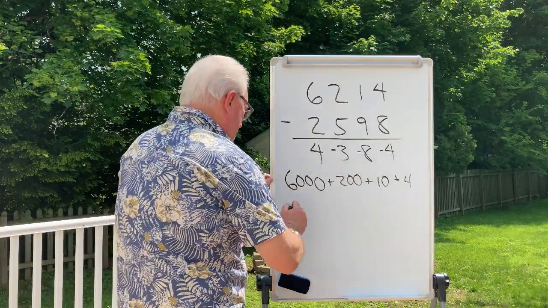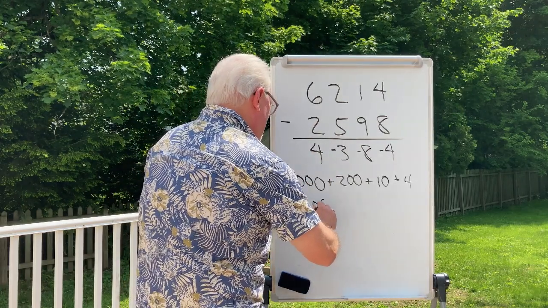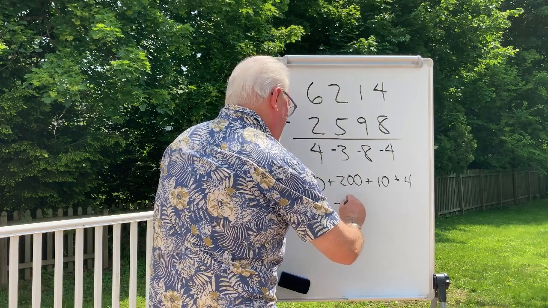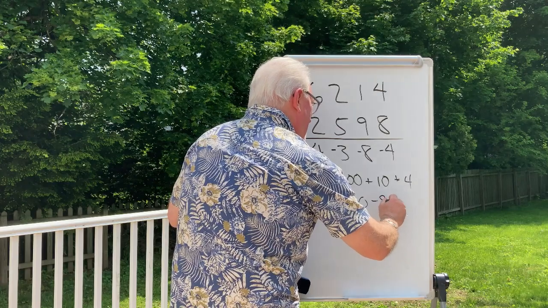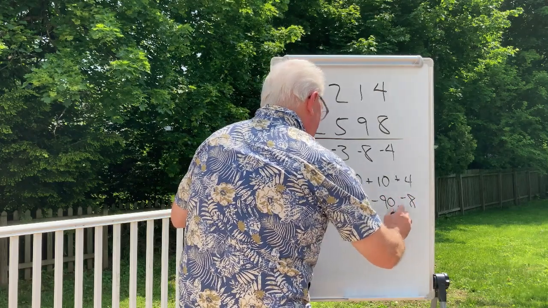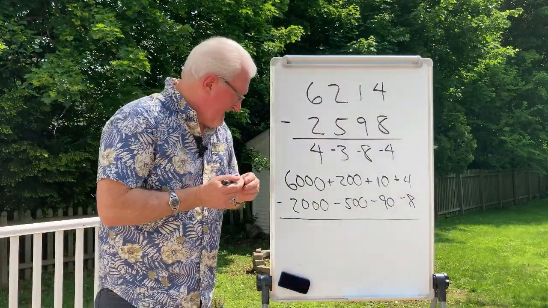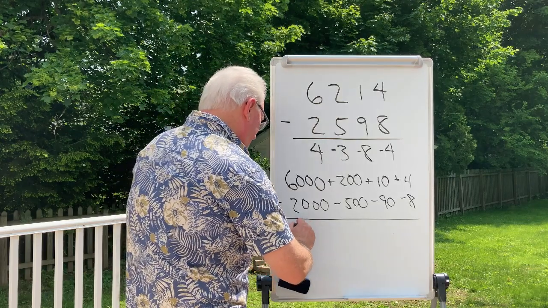Whenever we subtract the 2,598, what we get is, well, let's see. If we take the 2,000 away from the 6,000, we get 4,000.